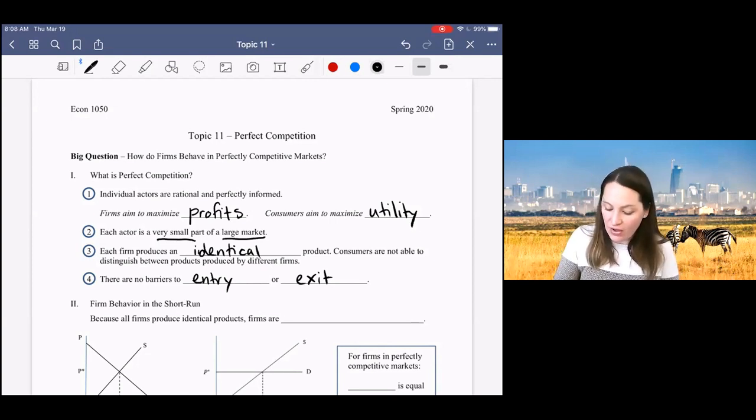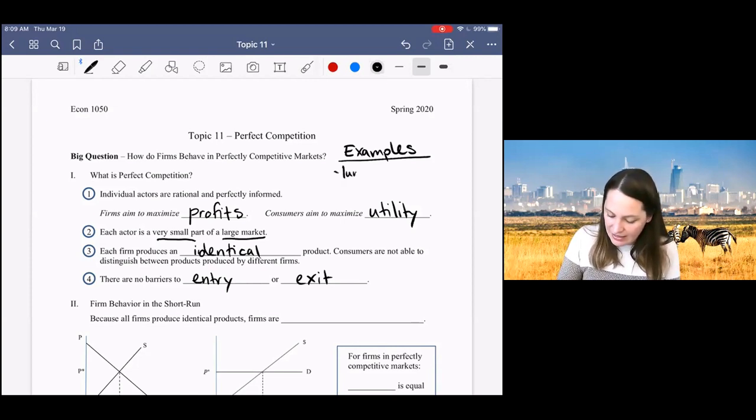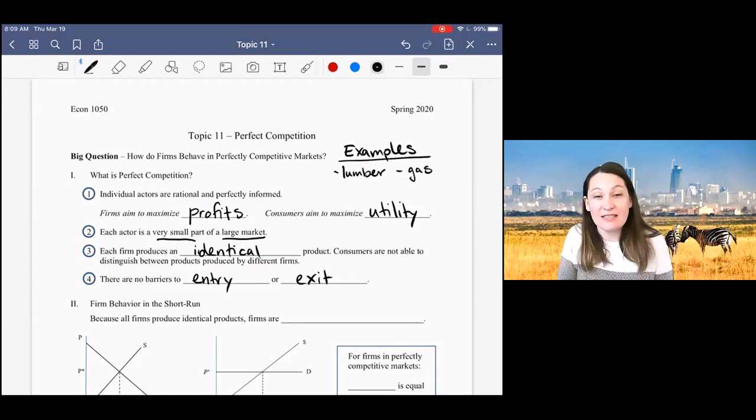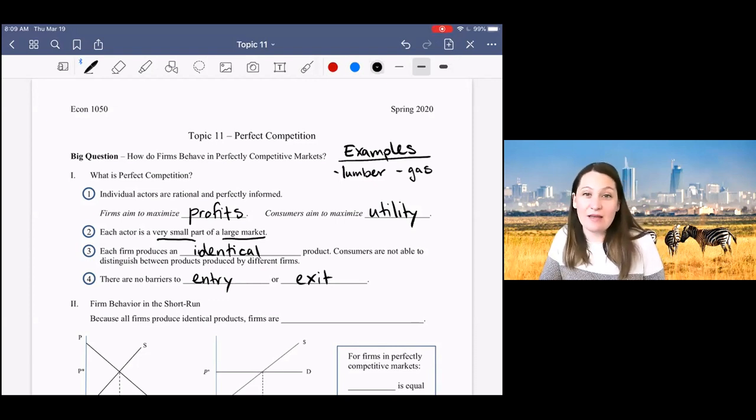So we don't have a lot of examples of perfect competition, but I'll give you a couple that are probably close. A lot of raw materials like lumber, maybe gas, you might even think of gas stations. That's a little bit less competitive, but it's pretty competitive.